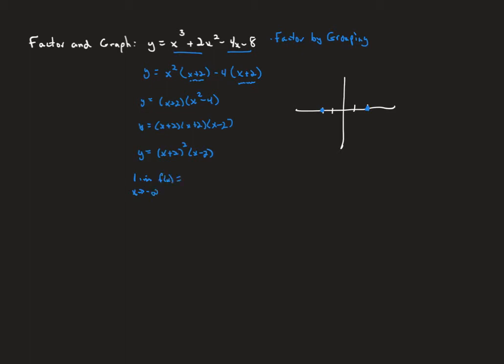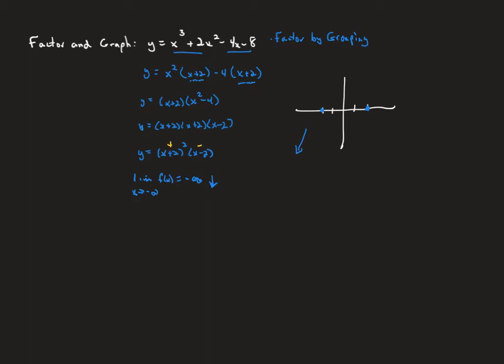If we put in a large negative, when it gets squared, the term here is going to be a positive, but the large negative will make the x minus 2 into a negative, and the positive times negative is going to be a negative. So that's going to go to negative infinity, or go down. So our graph is going to go down to the far left.